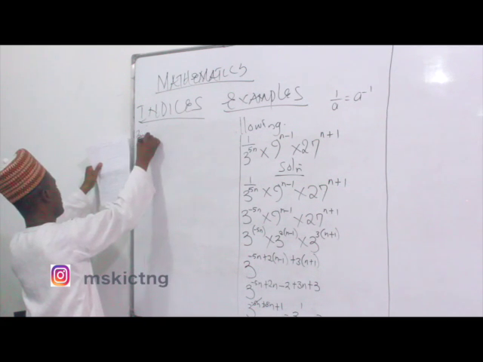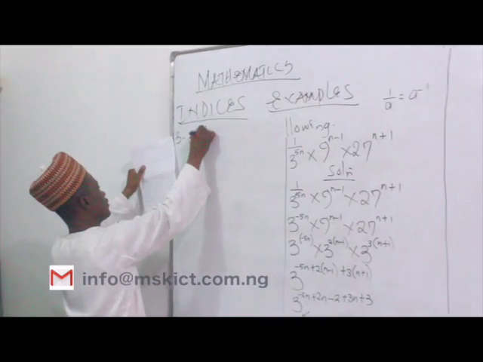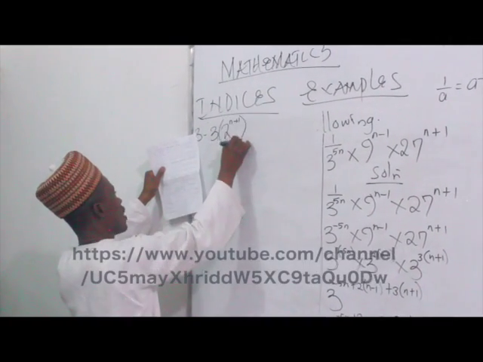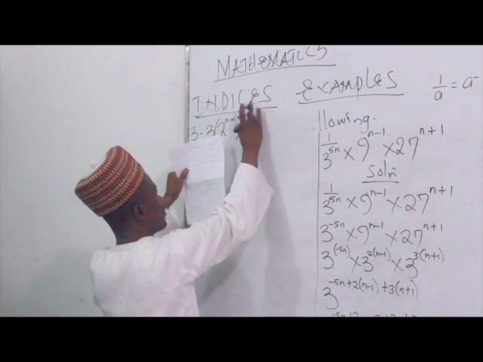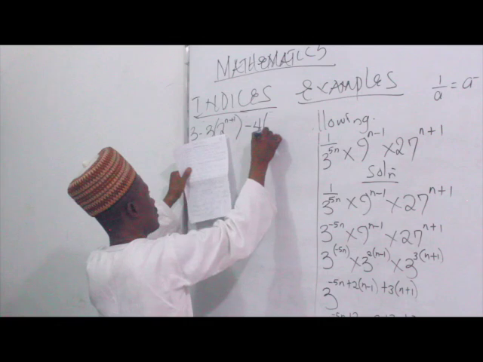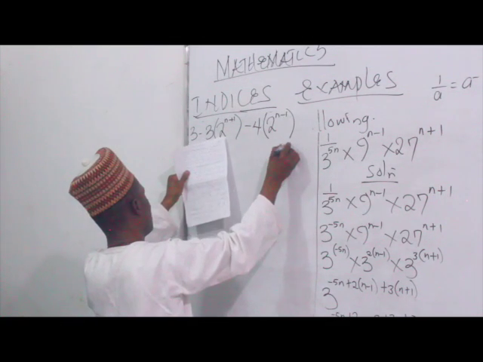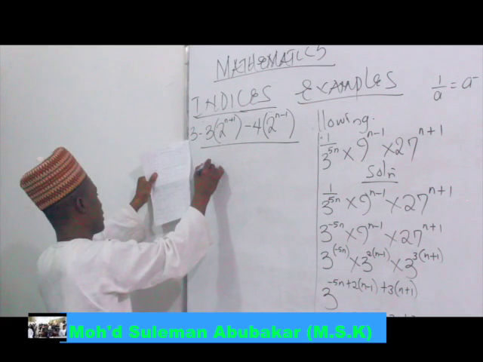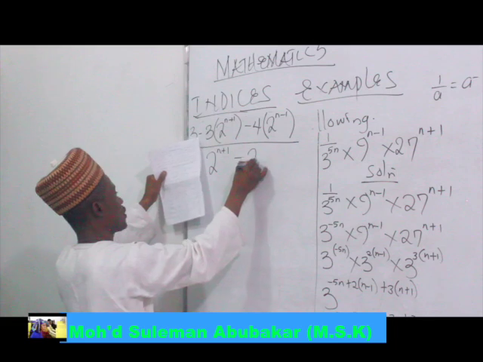call it example 3. 3 raised to the power of 2n plus 1 minus 4 into 2 raised to the power of n minus 1, all divided by 2 raised to the power of n plus 1 minus 2 raised to the power of n.